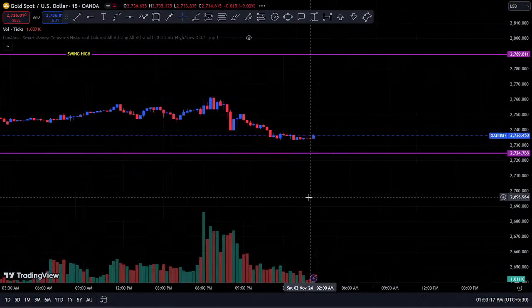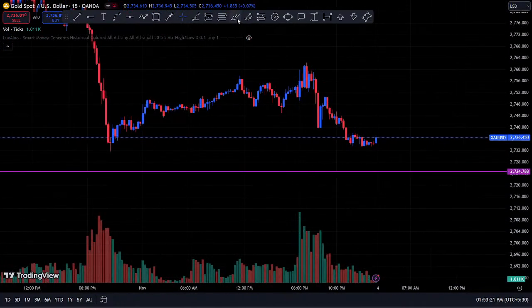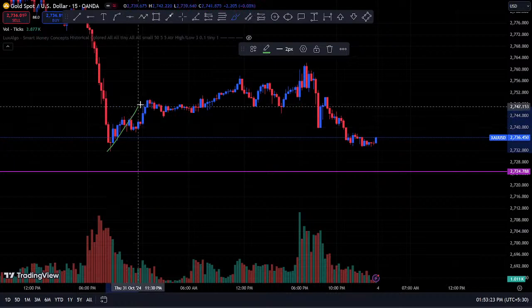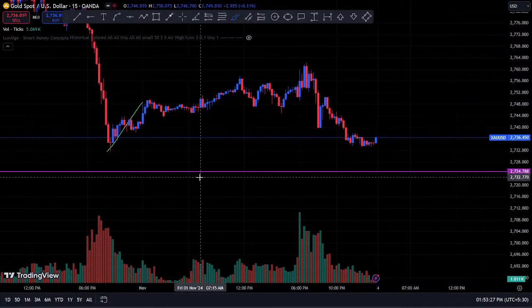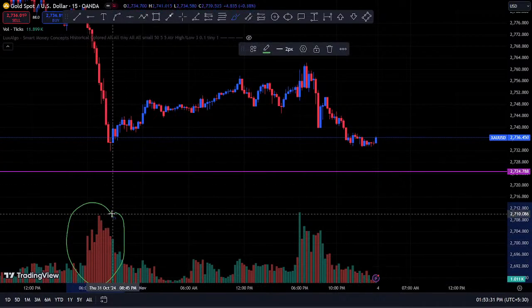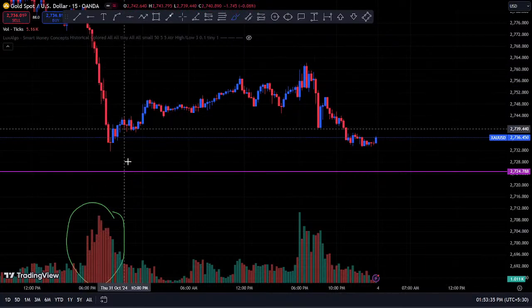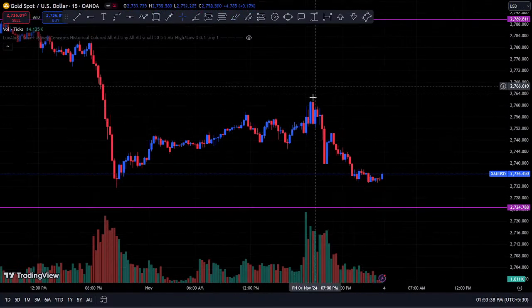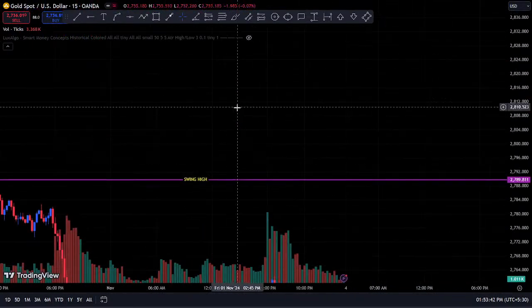What does this indicate? How many trades are executed at a particular price? How many instruments were traded at this particular price, this particular price, this particular price? It all indicates that.